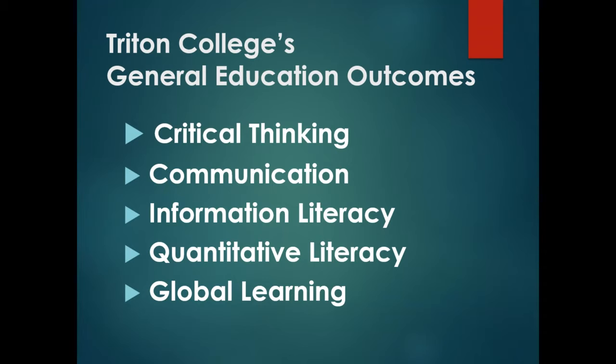When a student finishes an associate's degree here at Triton College, they will have developed their thinking and cognition to our standards in these 5 areas: critical thinking, communication, information literacy, quantitative literacy, and global learning. If you want more information, you can go to the Triton webpage, or just Google Triton College General Education Outcomes, and there's a description of each one.